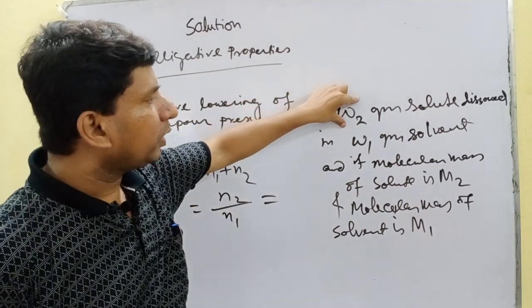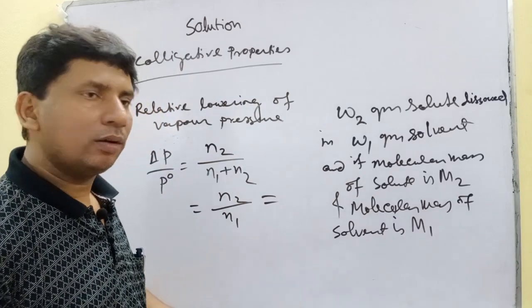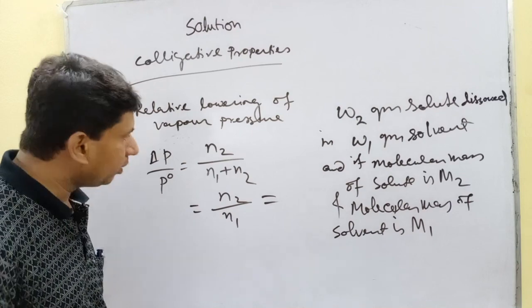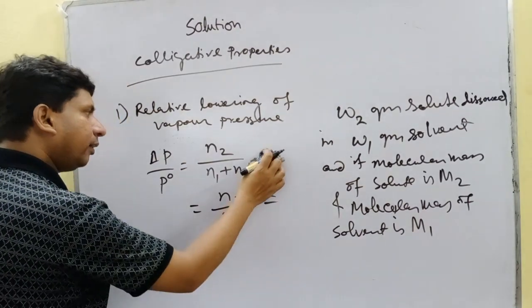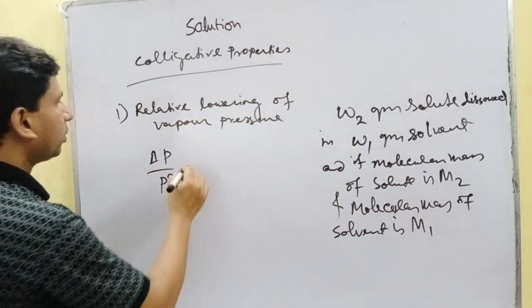Number of grams divided by molecular weight is known as the number of moles. Weight divided by molecular weight is known as number of moles.